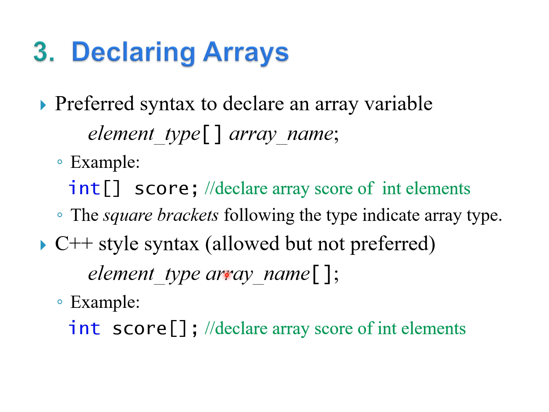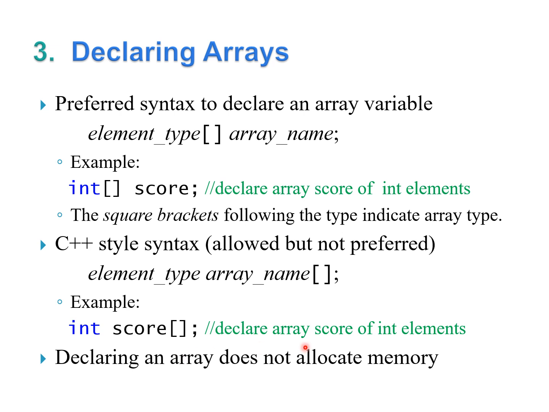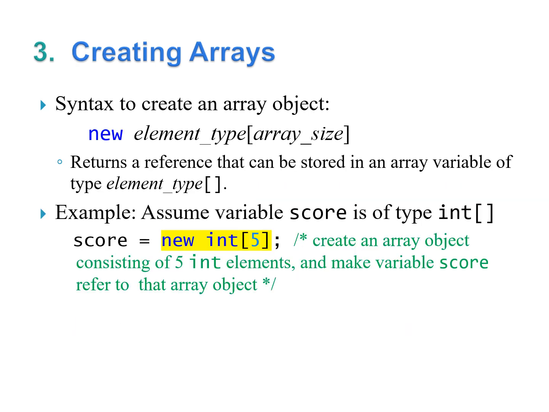Although this syntax is allowed in Java, we prefer to use the other syntax. But regardless of which syntax you use, declaring an array does not allocate any memory for the array, unlike declaring a primitive type variable. Memory is only allocated for an array when the array is created.